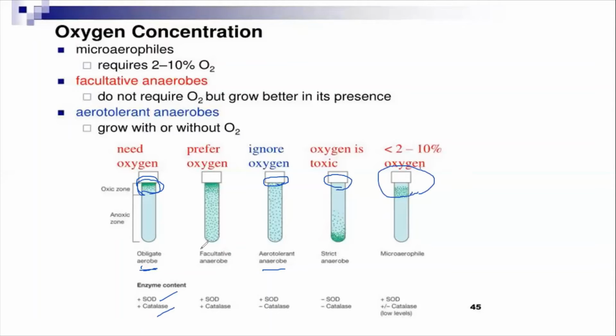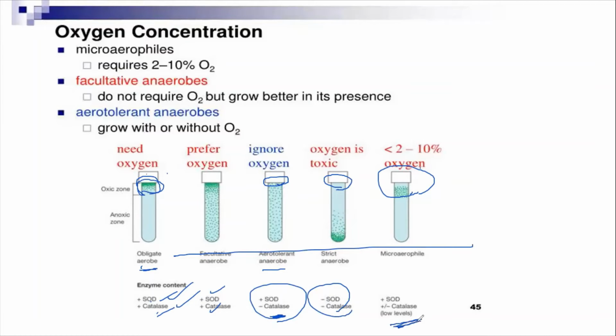Microaerophiles, where a lower concentration can be used for growth. Now, to understand all these things, you can do these enzyme studies, SOD and catalase. In the case of the presence of oxygen, or those that prefer or need it, both are going to give you a positive test. Now, for ignoring the oxygen, catalase needs oxygen, so you won't see any activity of catalase. Where it is toxic, nothing will appear. Where a little oxygen is there, you will get certain activity of the enzymes.